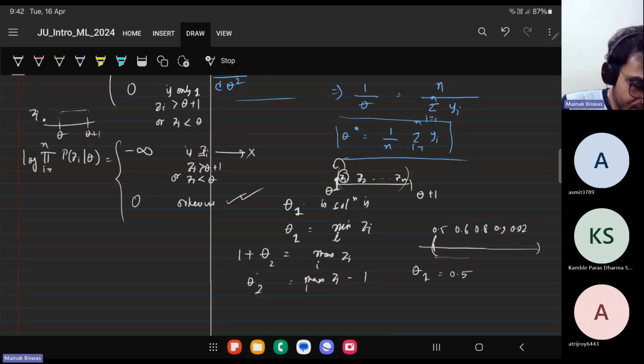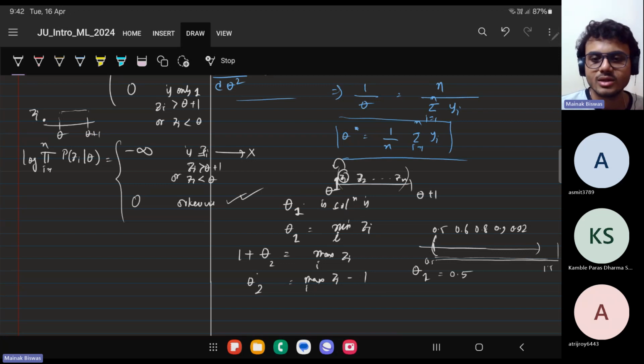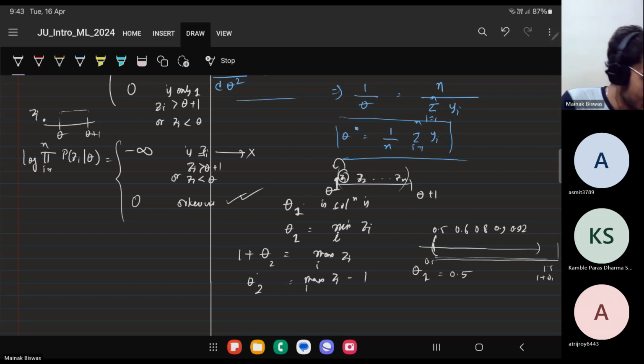So your likelihood is maximized because between 0.5 and 1.5, all the data points will lie, correct? Yes or no? This is 1 plus theta 1. Similarly, 0.92 is your theta 2.